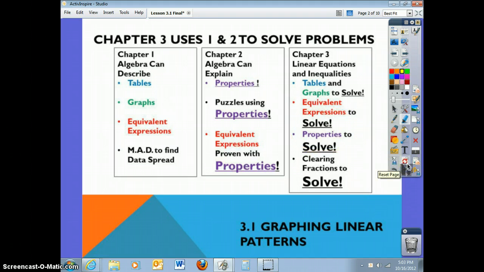All these things, the tables, the graphs, the equivalent expressions, and the properties are being used to solve linear equations and inequalities. And then the last thing that is brand new is this one, clearing fractions to solve linear equations and inequalities. But we'll get to them later on in chapter 3.